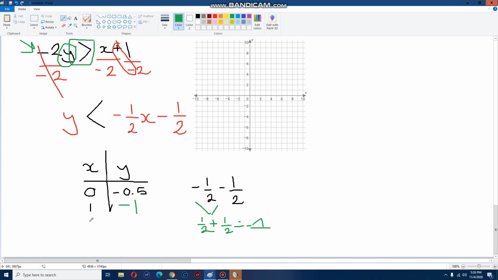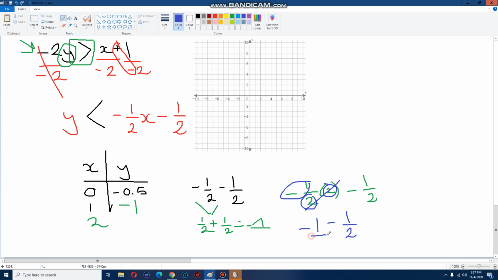And finally, x is 2. So minus half multiplied by 2, minus a half. Again, from my previous video, if you remember the shortcut technique, when the denominator and the number you're multiplying are the same, just cancel it. And that leaves just minus 1. So now you have minus 1 minus a half.